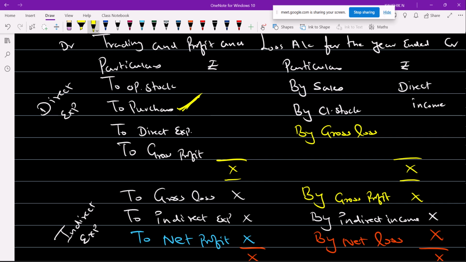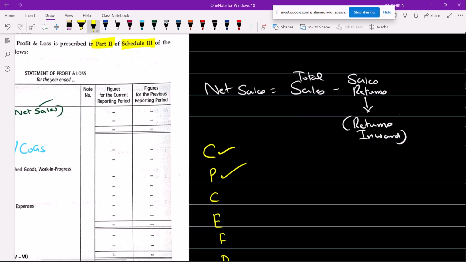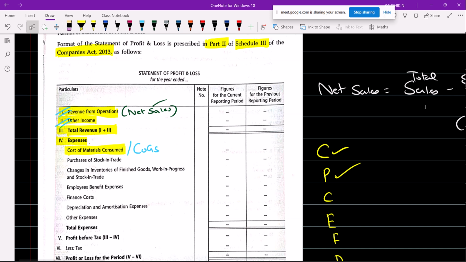So we can say it's a part of your trading account, the direct expense, which has been included over here. So purchases of stock in trade. So what are the stocks that you require in your trade activity? The purchase of those items will be called purchase of stock in trade. The next one you can see here is changes that take place in the finished goods. Next, in the work in progress and stock in trade.